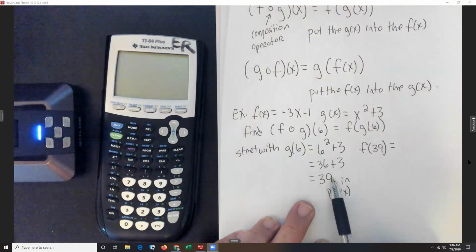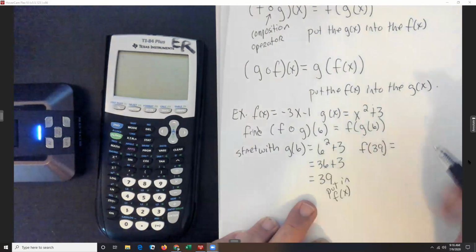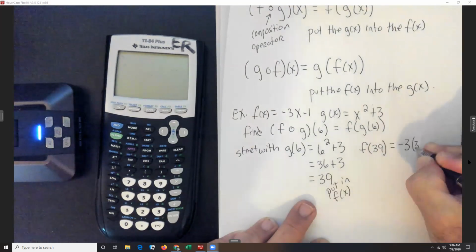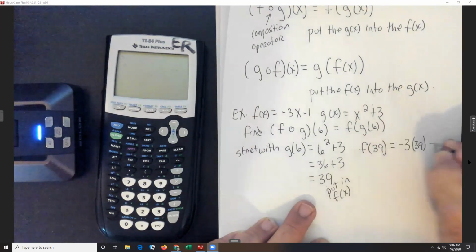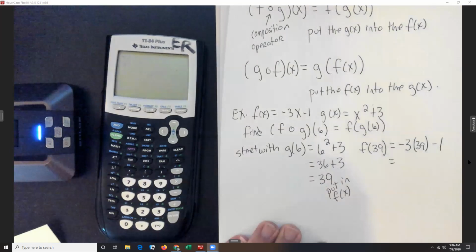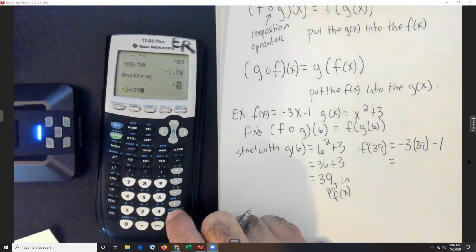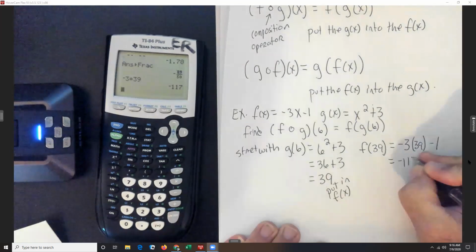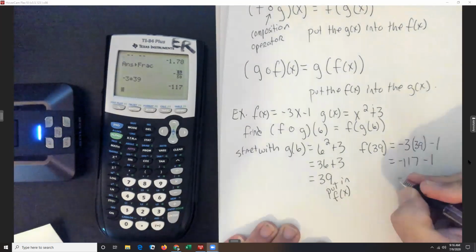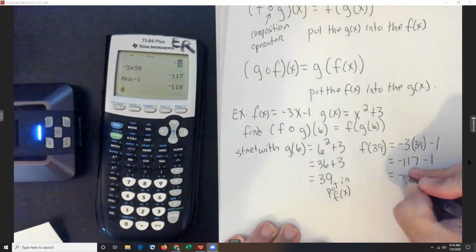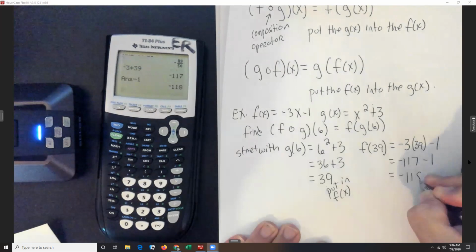Now I put the 39 into the f of x, so that'll give me negative 3 times 39 minus 1. All right, so let me see what that equals. Negative 3 times 39 equal to negative 117 minus 1. And negative 117 minus 1 is a negative 118. Final answer.